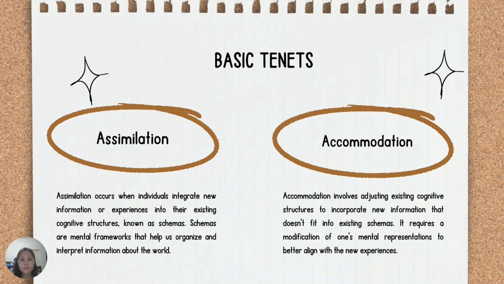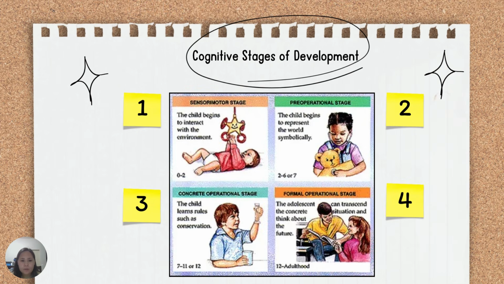Now that we have learned how assimilation and accommodation influence learning, let's see what kind of thinking develops through Piaget's four cognitive stages. First, of course, Piaget identified four major stages of cognitive development.